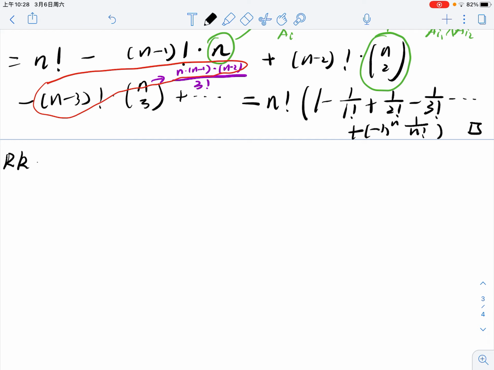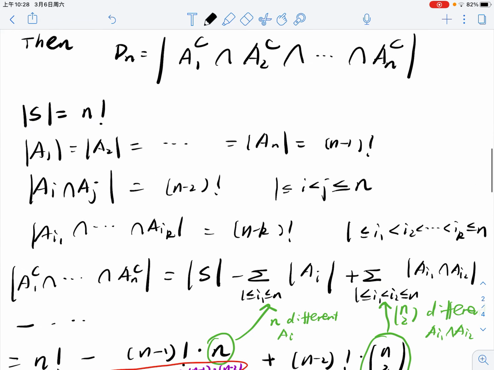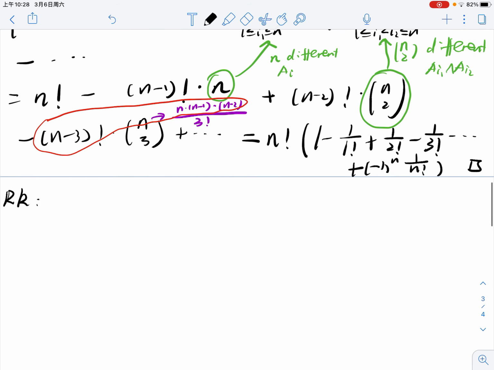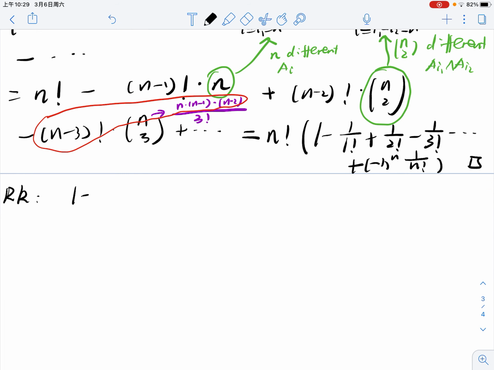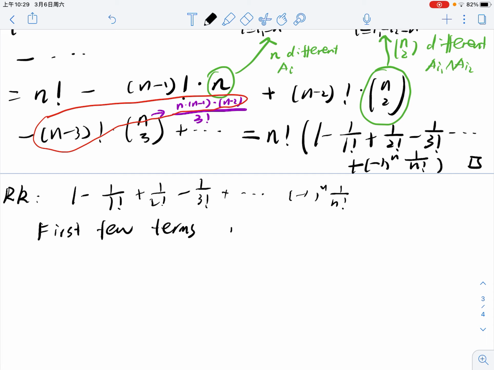And a quick remark is that, except for the n factorial, the inside one is quite similar to the first few terms in the Taylor expansion of exponential minus 1.